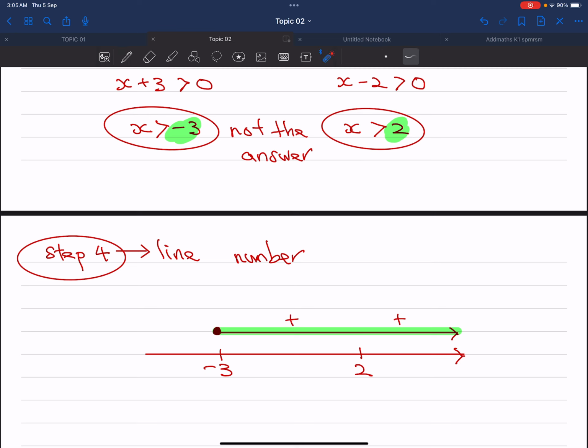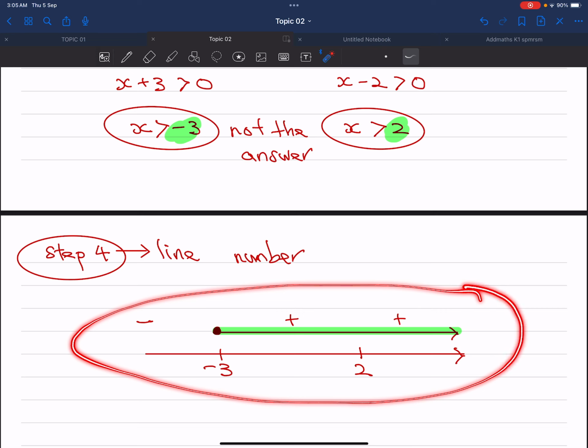I put it 2 times, one for this section, one for this section. And when there is no arrow here, we put a negative sign. That's all. So for this inequality, I have drawn the number line.